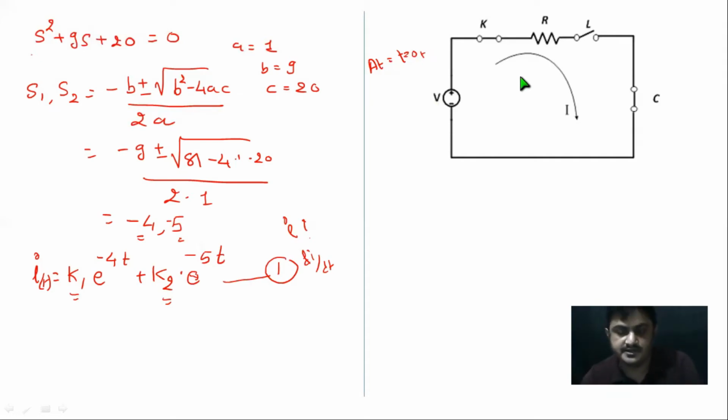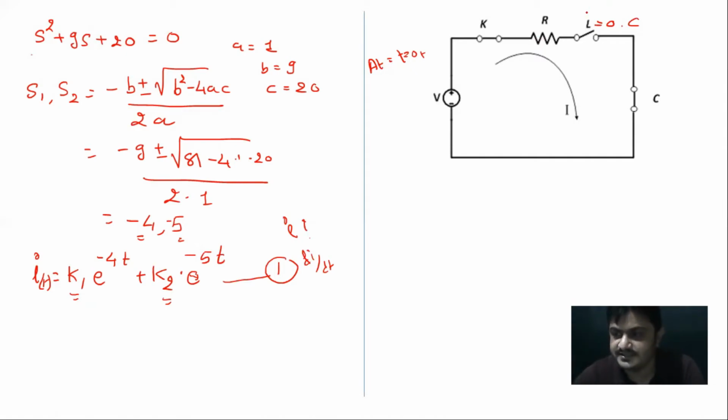At this condition, just after the switching, my inductor will behave as an open circuit. Why is it so? Because the inductor comes in contact with the energy for the first time. Whenever the inductor starts charging, it will behave as an open circuit.